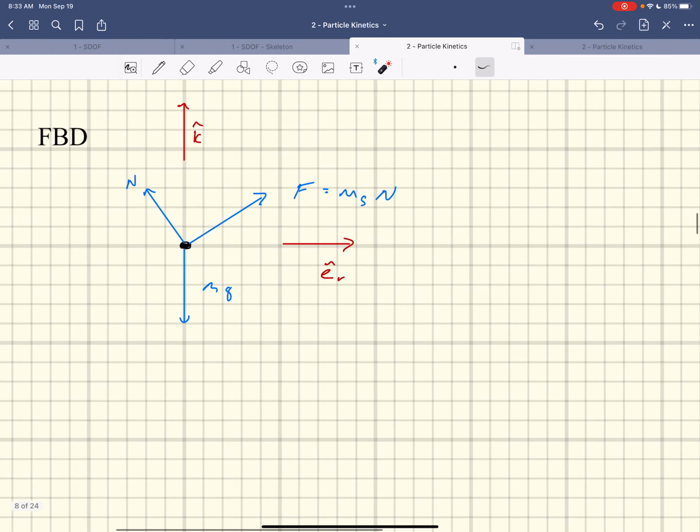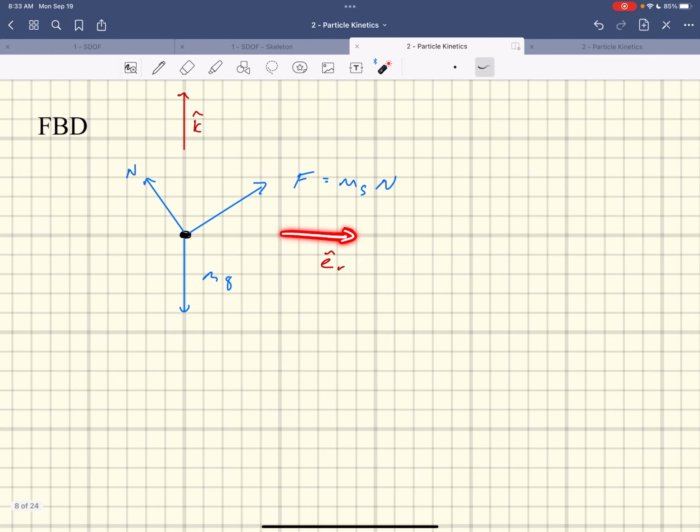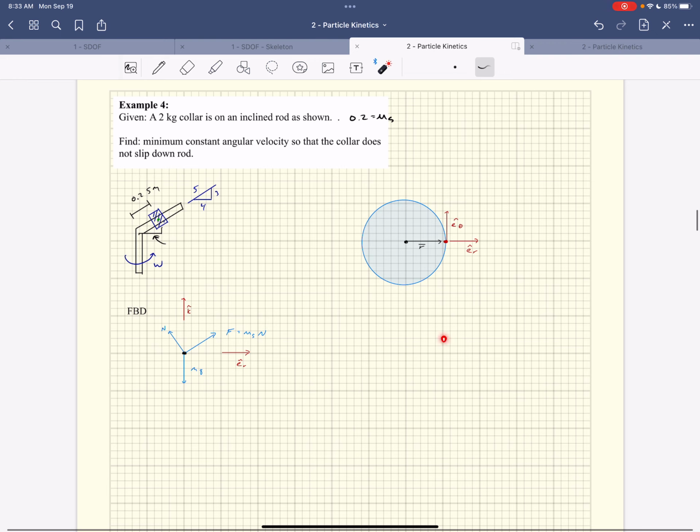If we look at this thing going this way, if I'm down at the same plane and I'm looking at it, then ER is going to be pointed to the right. E theta is going to be into the board. ER and E theta are always traveling with it, so even if I looked at it up at the top, I would draw my free body diagram with ER going that way and E theta going back in.